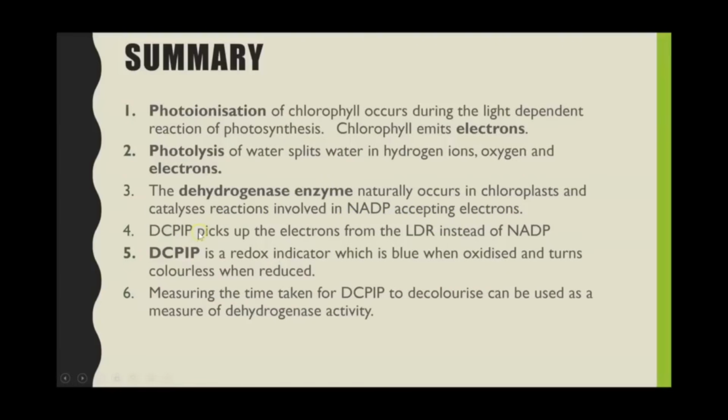DCPIP is a redox indicator which picks up electrons from the light-dependent reaction instead of NADP. It's blue in colour when it's oxidised, but it turns colourless when it's reduced. And measuring the time taken for the DCPIP to decolorise can be used as our dependent variable, measuring the dehydrogenase activity.